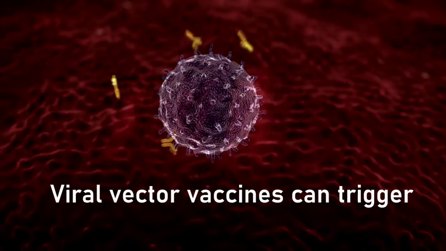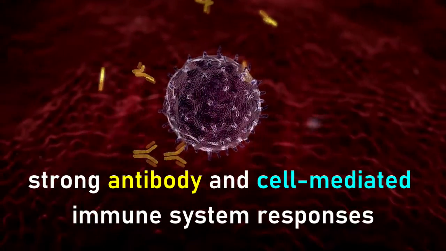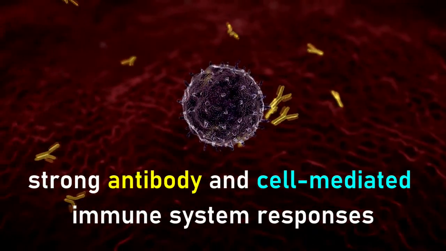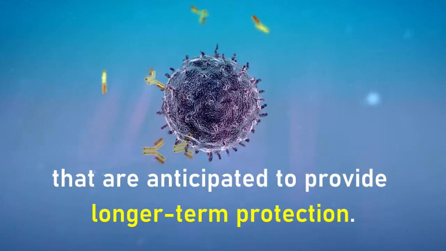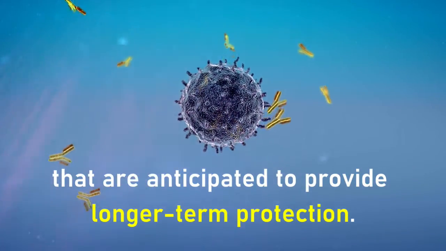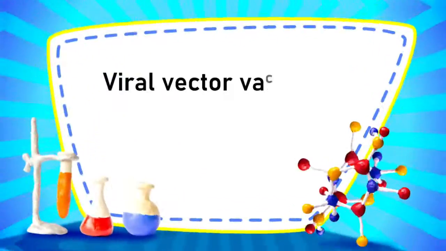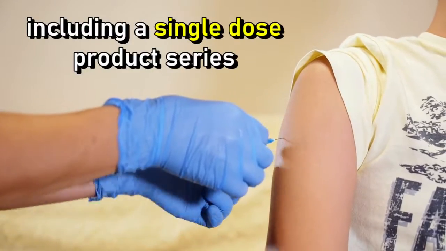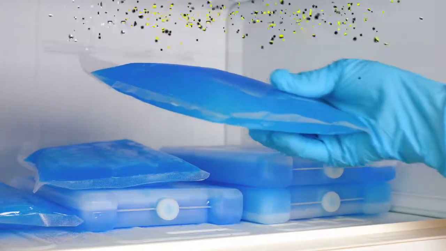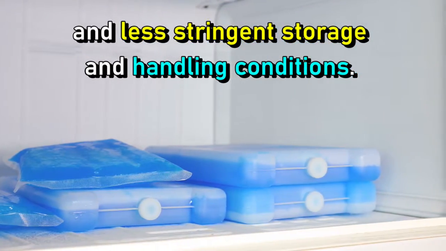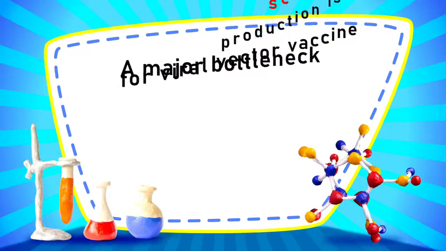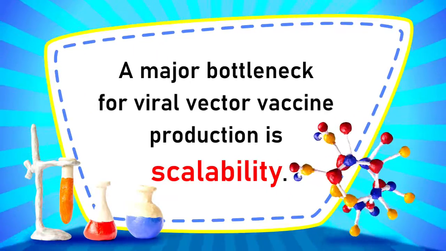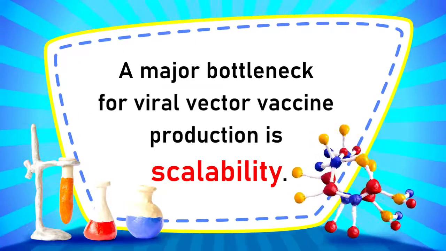Viral vector vaccines can trigger strong antibody and cell-mediated immune system responses that are anticipated to provide longer-term protection. Viral vector vaccines offer operational benefits, including a single-dose product series and less stringent storage and handling conditions. A major bottleneck for viral vector vaccine production is scalability.